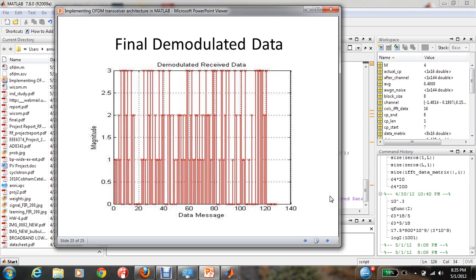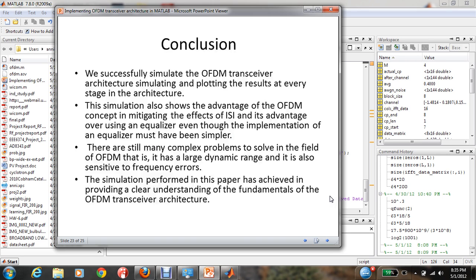We could have found out the signal to noise ratio and bit error rate, and it should have hopefully satisfied the necessary required conditions. So basically this project was to successfully simulate the OFDM transceiver architecture and plot the results at every stage of the architecture, which was successfully done in this project.